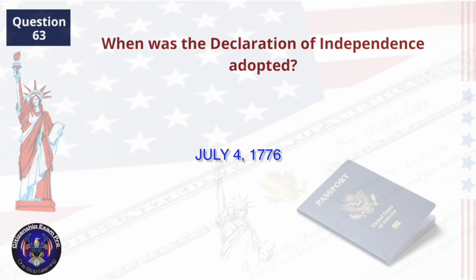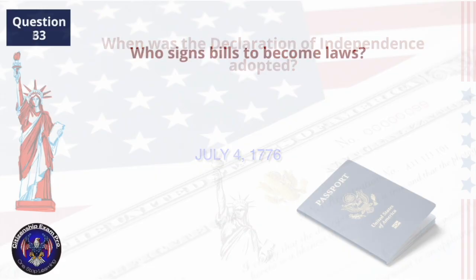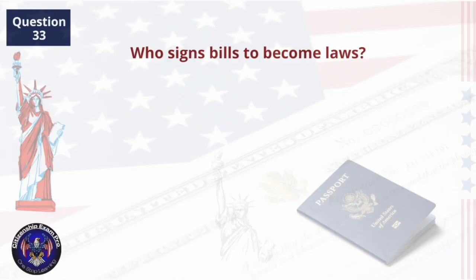July 4, 1776. Who signs bills to become laws? The President.